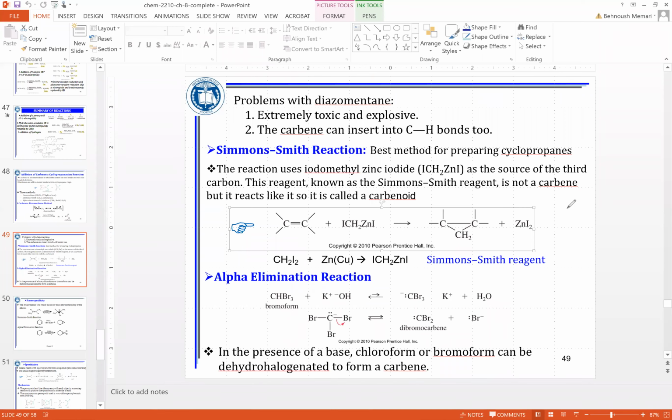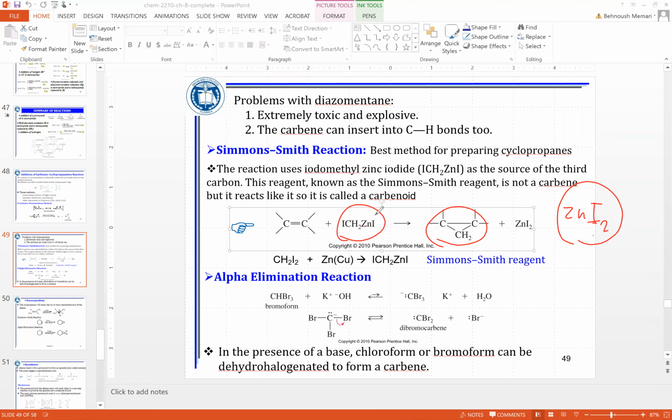Again, you get the zinc iodide, which is very stable, leaving this molecule. So this molecule, just like diazomethane, is not a very stable molecule. So zinc iodide would leave as a stable product, and then it would produce the CH2 carbene. So when you have your carbene, then it's going to form the cyclopropane with the CC double bond.